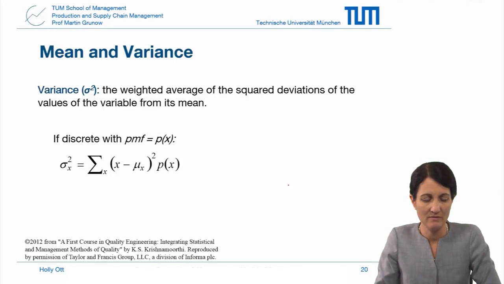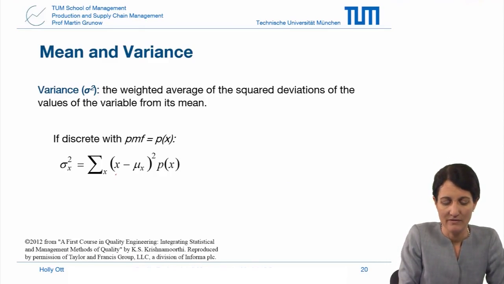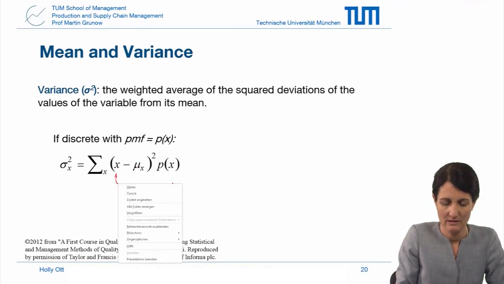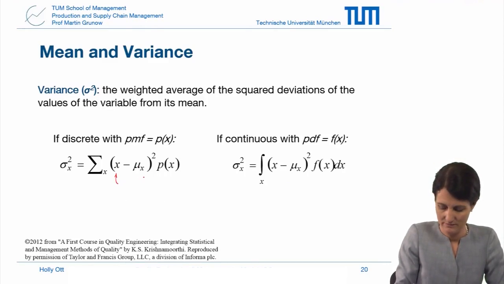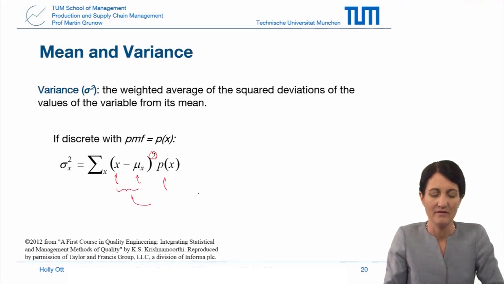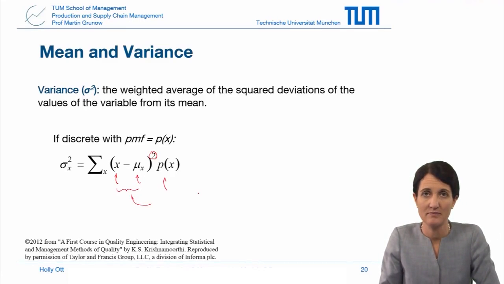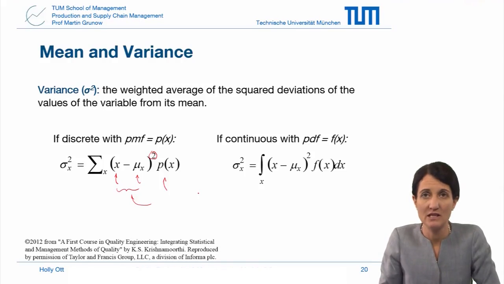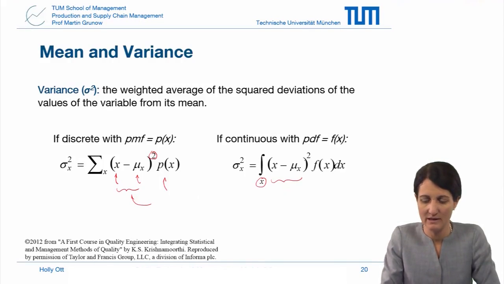So if the random variable is discrete with a PMF equal to P of x, then you take the values minus the mean, squared, and you multiply that by P of x for all values of x. If it's a continuous random variable with a PDF equal to f of x, you take the integral over all x of the value minus the mean, squared, times f of x.